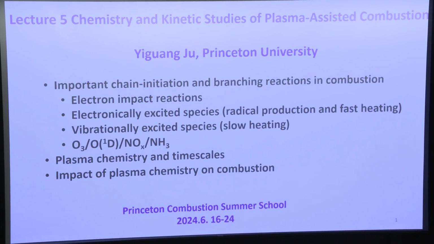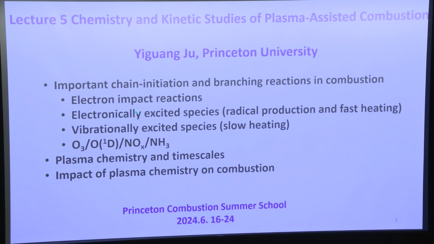One is the chain branching reaction, right? It's always important, number 1. Second is the branching ratio of key reactions, where one gives you a termination and the other gives you a radical. That branching ratio is so important in combustion kinetics, and in plasma it's the same thing.